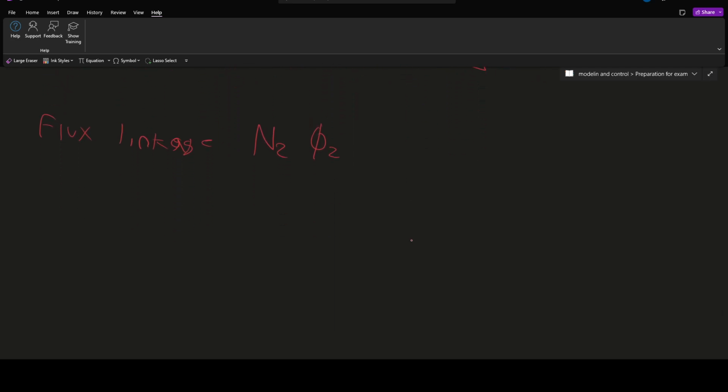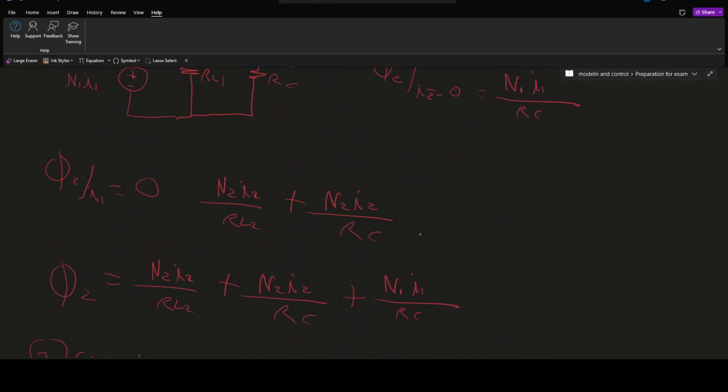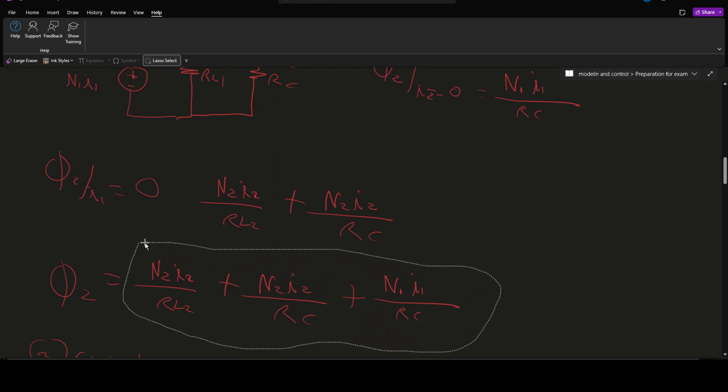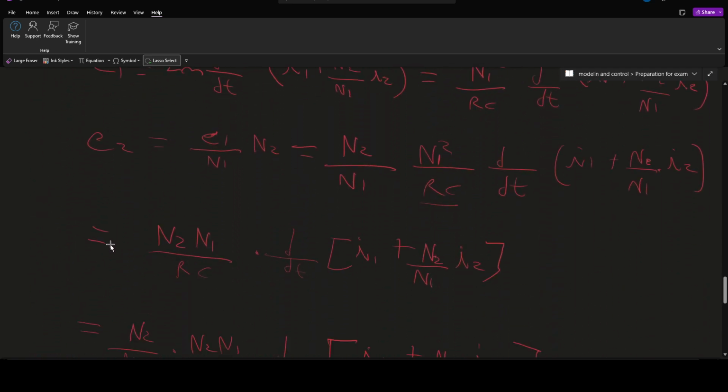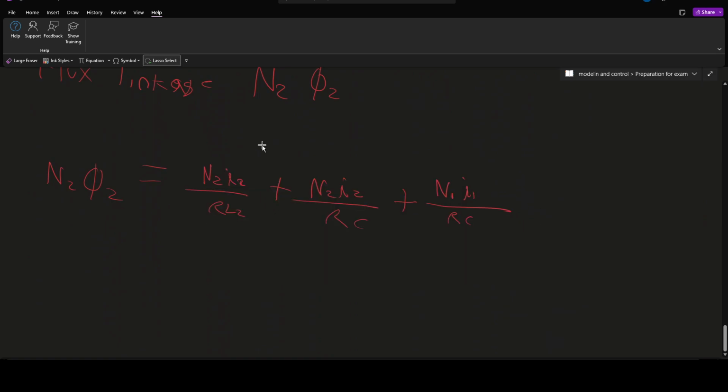And if we do all the math, we're gonna find that it's gonna be the same, oh well, we actually already did the math to find the flux 2. So to find the flux linkage, we just multiply by n2. If you remember, we did this at the very beginning here. So we multiply all of this by n2.